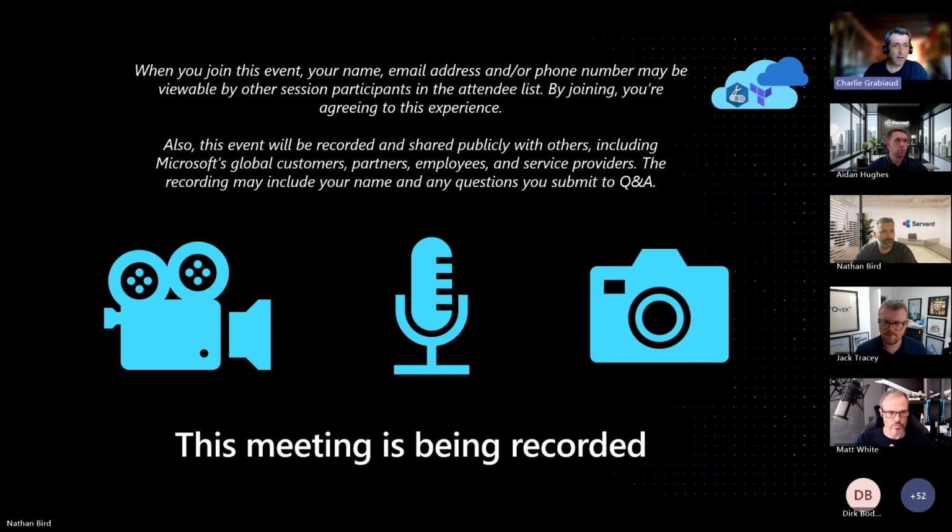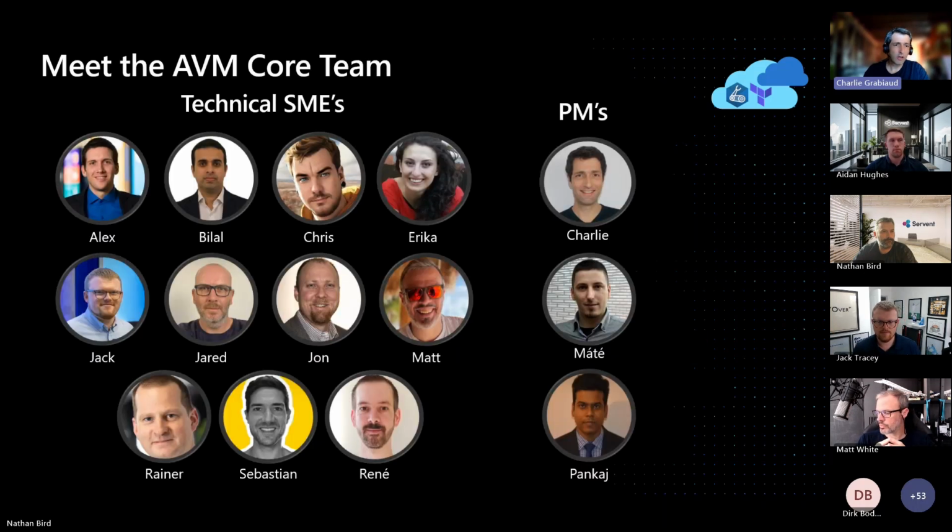This is our quarterly community call, and the AVM core team has been working hard for the past quarter on new content, new features, new capabilities, and we've been preparing this call. Not everybody from the team will talk today, but you will have a few of us, and the team hasn't changed.